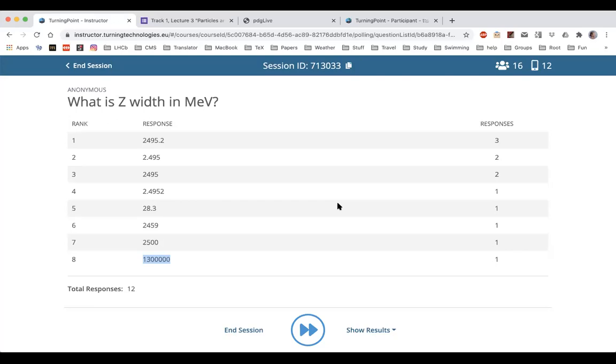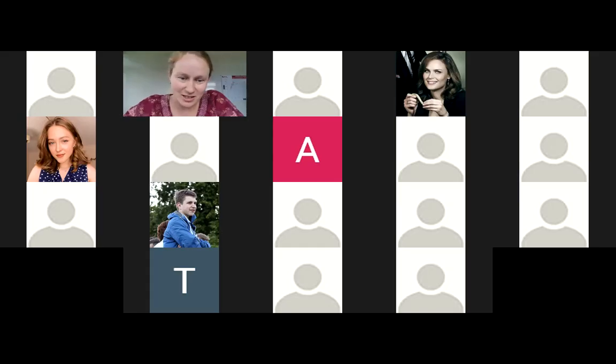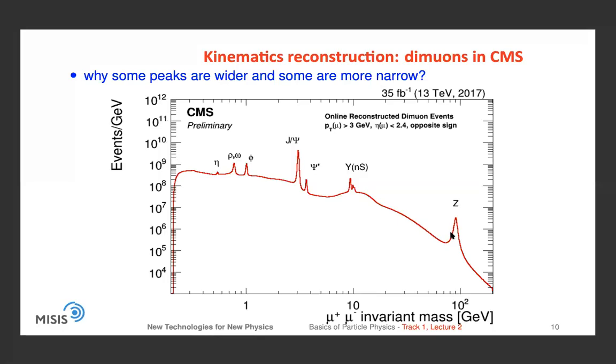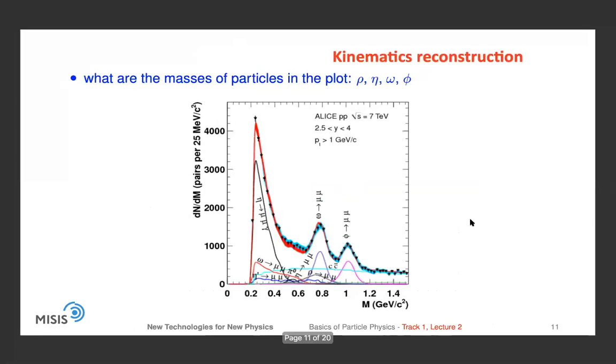And again, let me stop share and share back the spectrum. So here you can see basically that for the Z peak, the natural width and detector effects are comparable, let's say, and you can have contribution from both when you try to compute it.